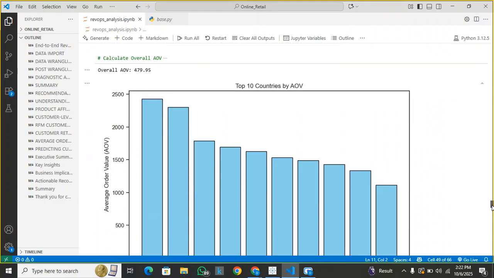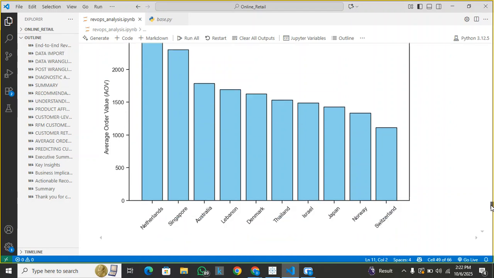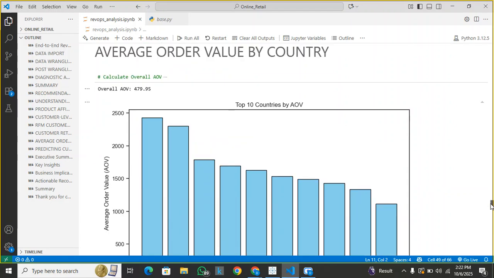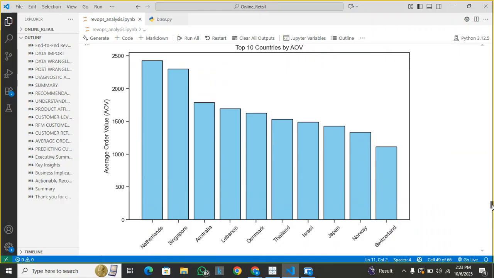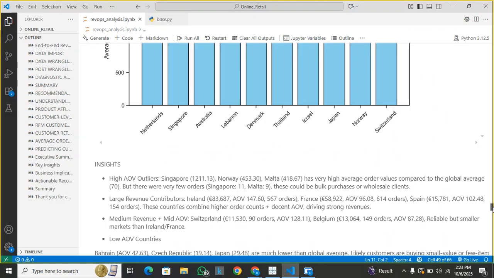So, in this segment, I looked into the average order value by country. The overall average order value is £480, and the country with the highest average order value is Netherlands, followed by Singapore, Australia, and so on.